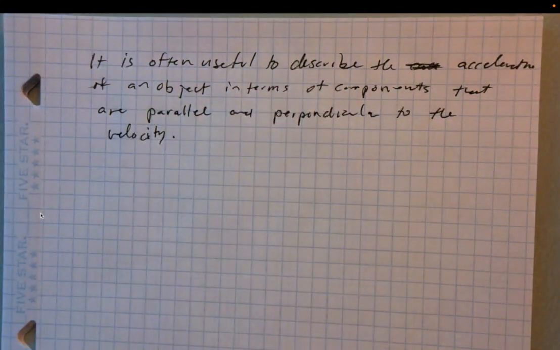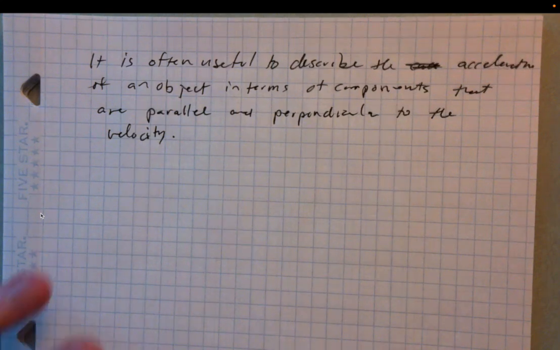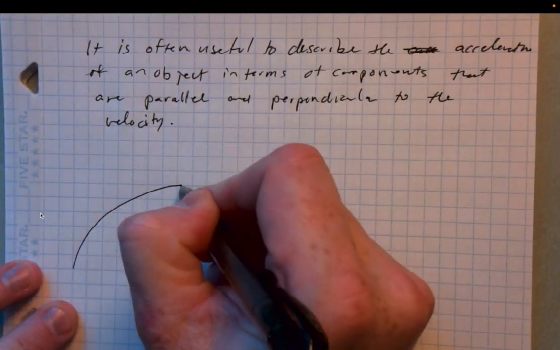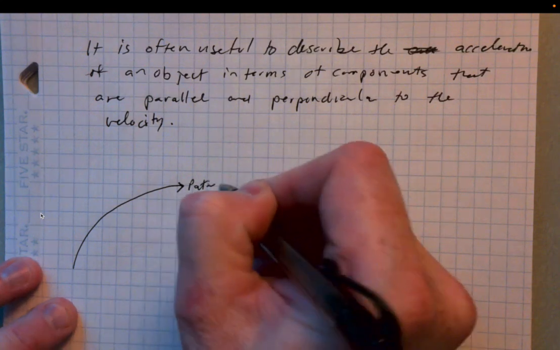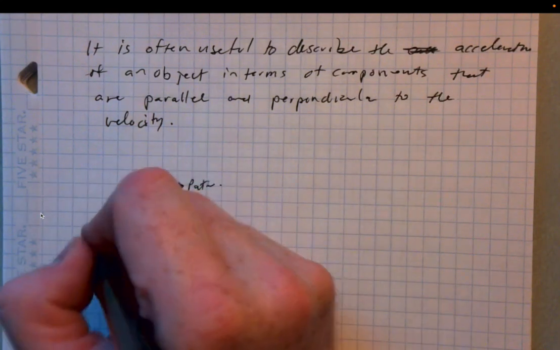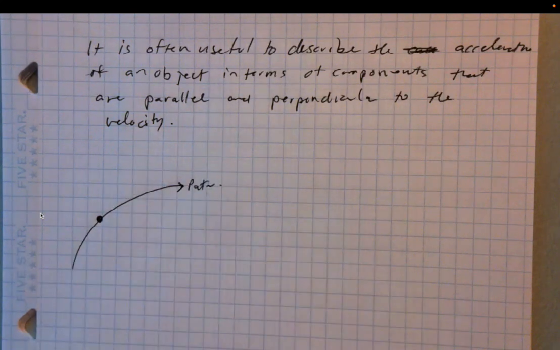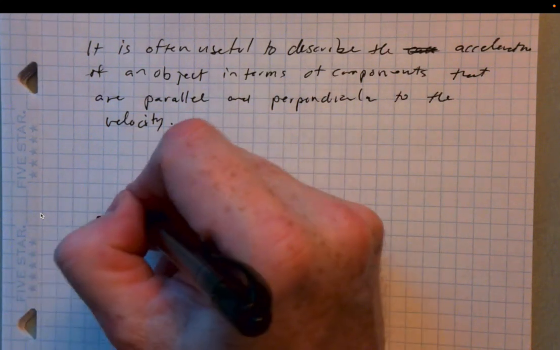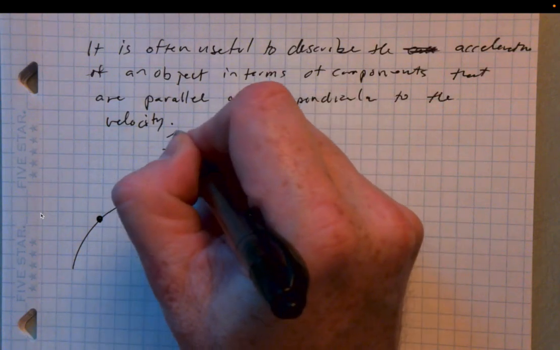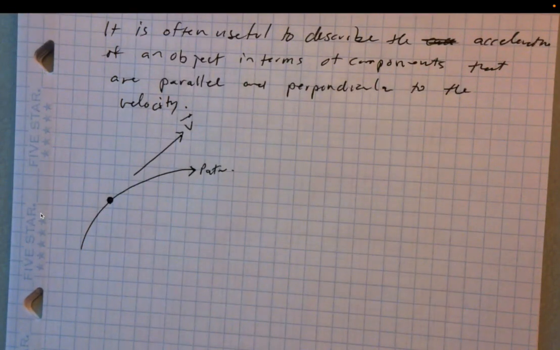Okay, I'm going to give you two examples here. Well, first let's just draw the situation. What am I even talking about here? So I've got some path, and I've got my particle on that path. Now I know that the velocity of my particle is a vector that's tangent to the path.